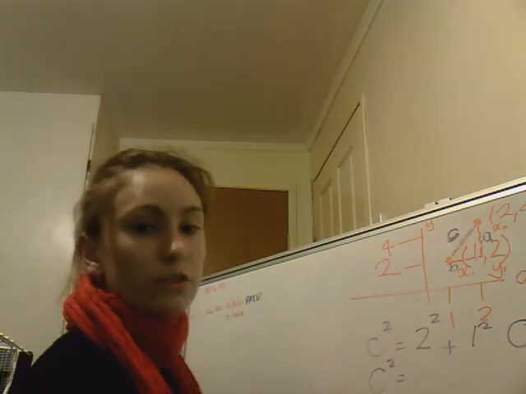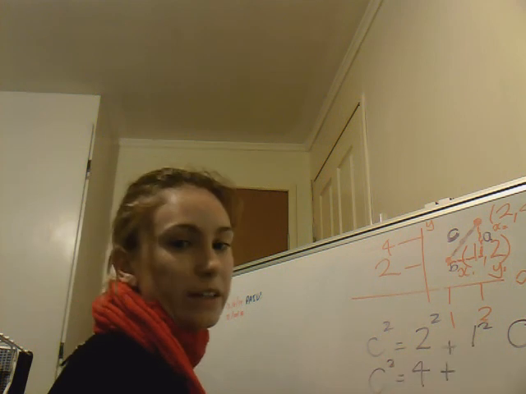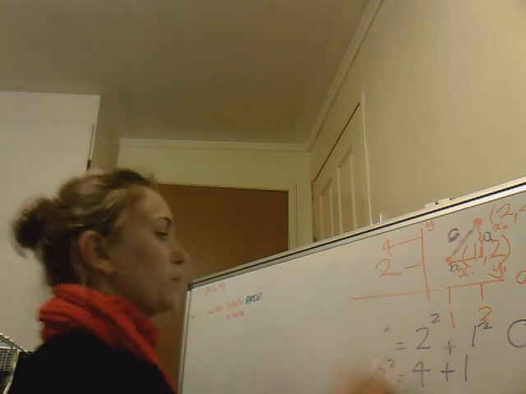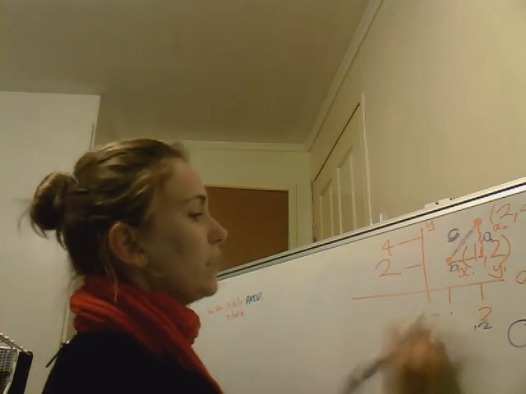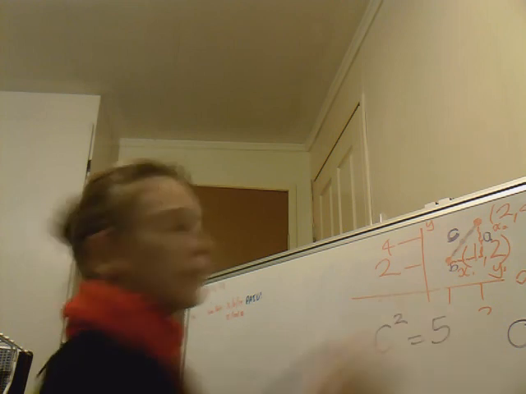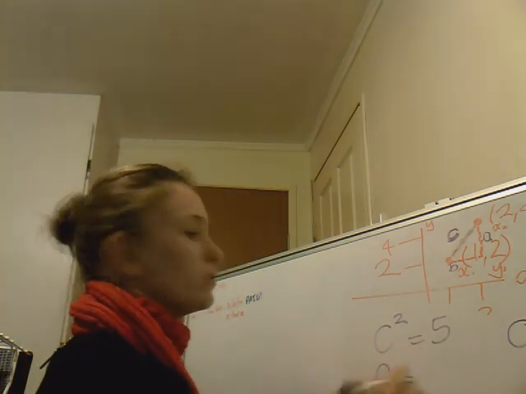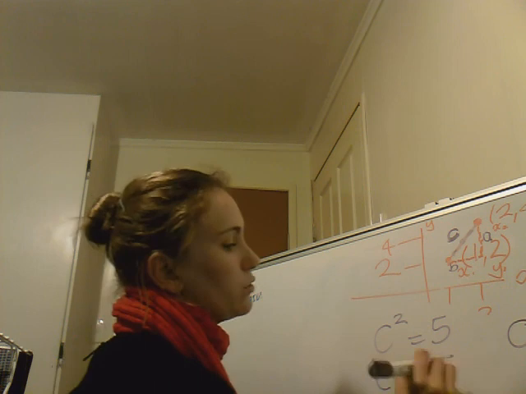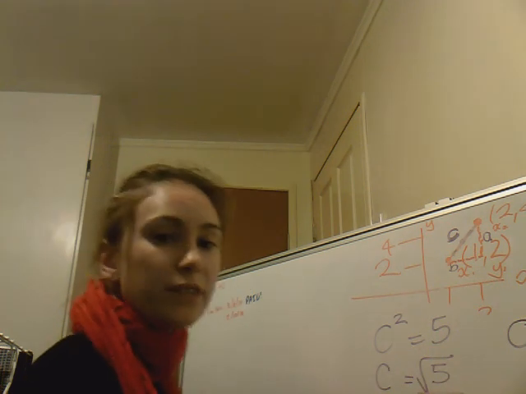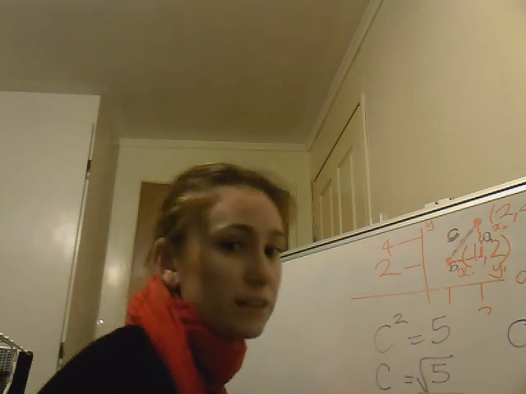So 2 squared is 4, 1 squared is 1, so 4 plus 5... 4 plus 1 is 5, so we know that c squared equals 5. How can we find c by itself? Well, when it's being squared, we do the inverse, which is the square root of 5. You can leave it as the square root of 5. That's its simplest form and probably the easiest to read.